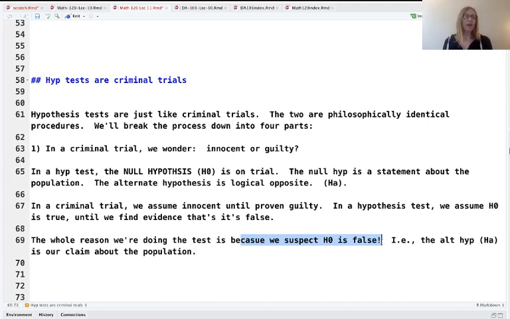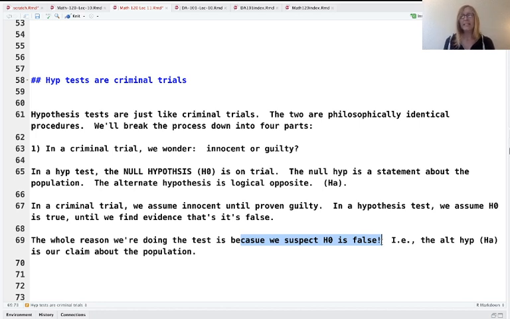Just like a criminal trial, we assume that they're innocent by default. But the whole reason we're doing a criminal trial is because we think that they're guilty, right? That's why we wouldn't do a criminal trial if we thought they were innocent. But we need to establish that they really are. We assume innocent until proven guilty.